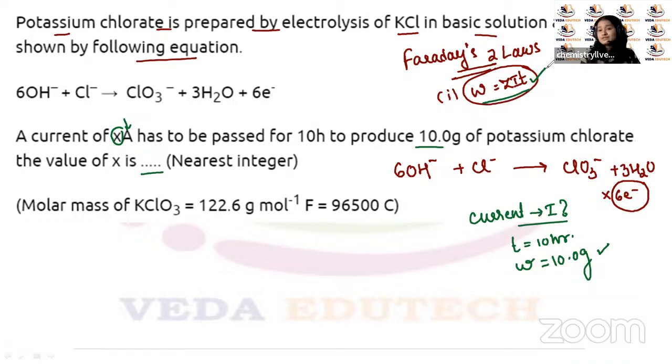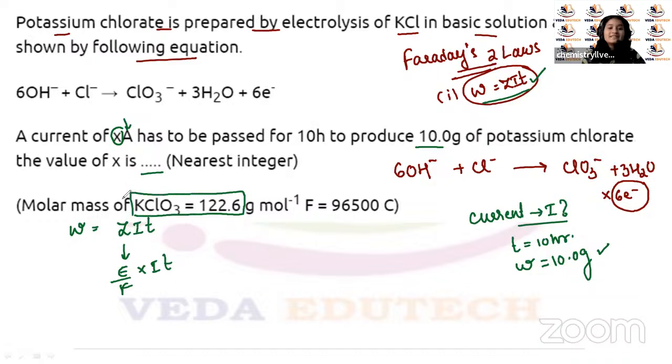So now are we going to use this formula? Yes, we are going to use this formula, but we have to use a bit modified form of this. And what is that, children? We know that W is equal to ZIT. This Z can also be written as E by F, so W = (E/F) × I × T, where E is your equivalent mass. So if we talk of KClO3 here, we can see how many electrons are involved in the reaction, children? 6 electrons are involved.